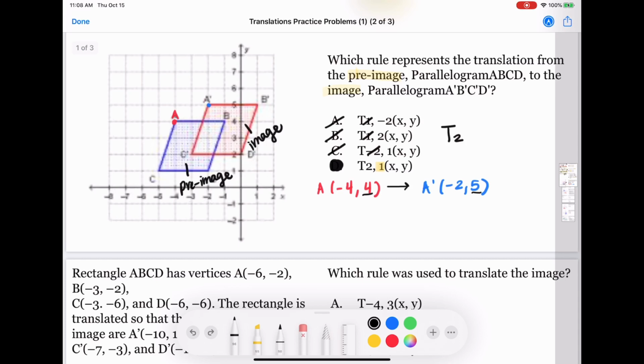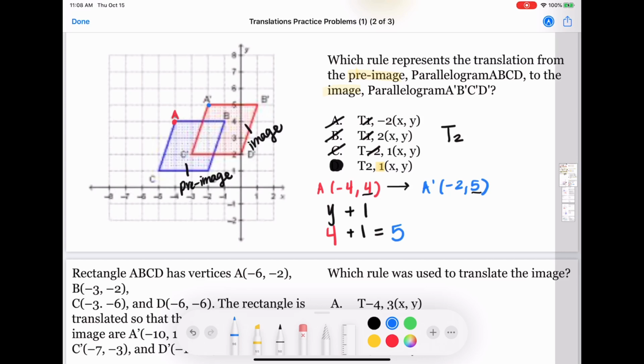We know that we can simply add 1 to the original y to get to our translated y. What would this look like? Well, it would look like us taking 4, adding 1, and getting to our vertex A prime at 5.